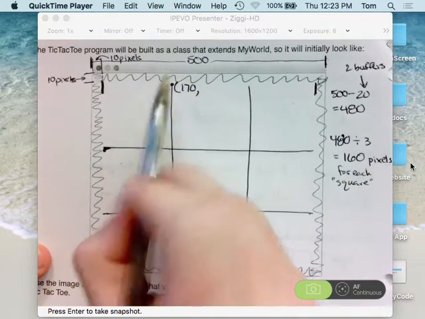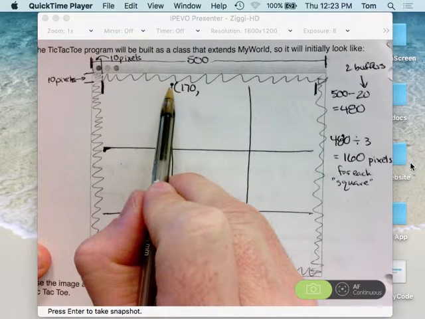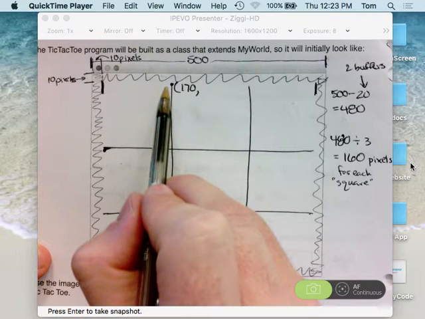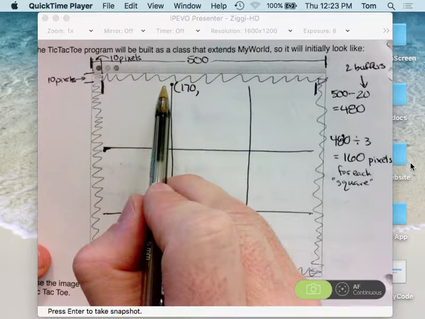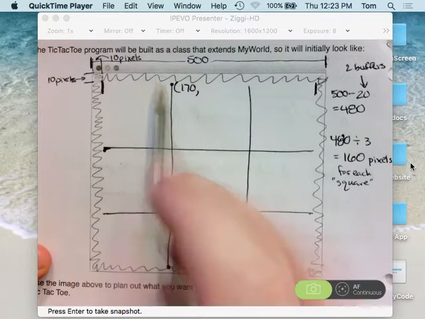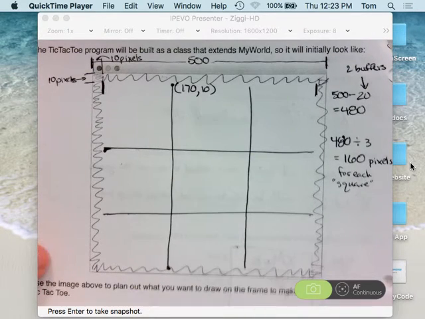And if this buffer area is 10 pixels, then what is the y coordinate of that point right there, if we wanted to go right up to the buffer? 10, right? So that should be the point 170, 10.